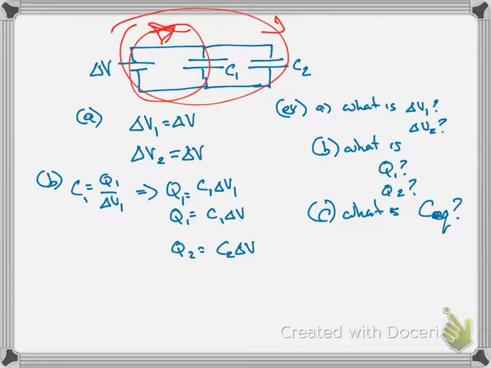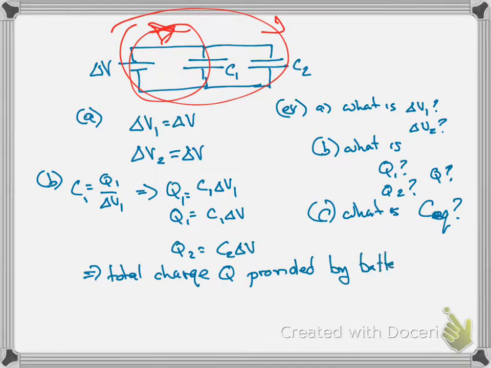Sorry, let me ask a different question before we get to C. The third part of B is, what is the total charge provided by the battery or power supply, whatever it is?